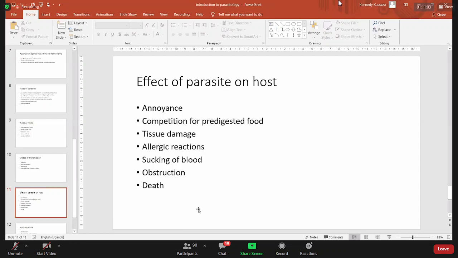And in extreme cases, parasites can cause death. However, a good parasite should not kill its host, because when a host dies, then that parasite will also most likely die.